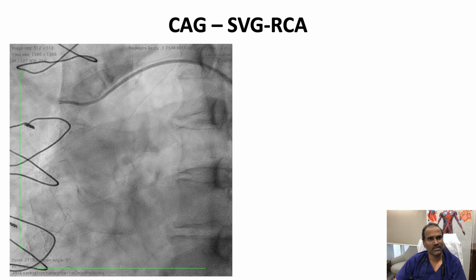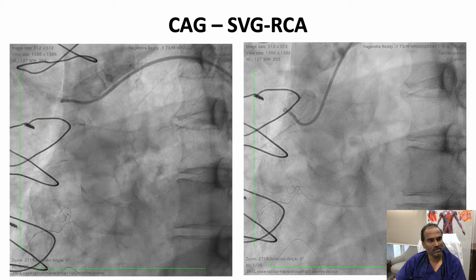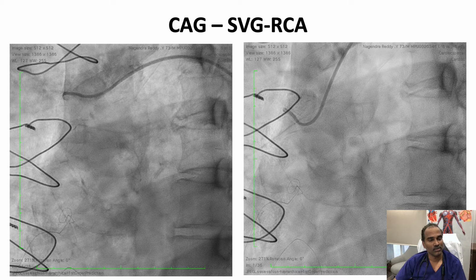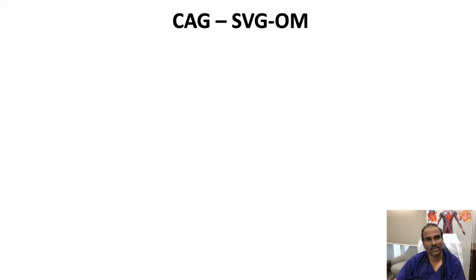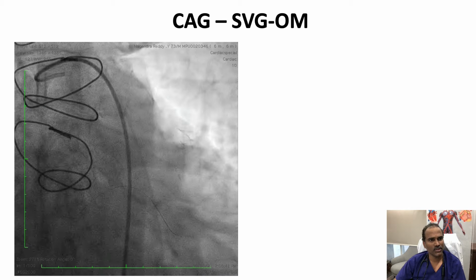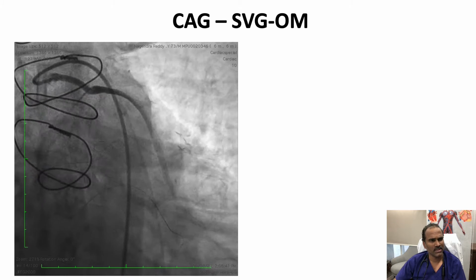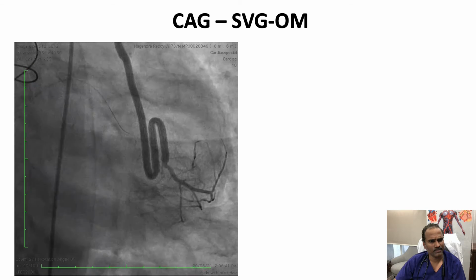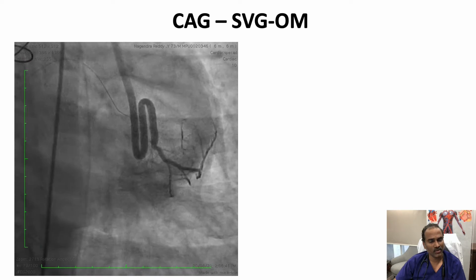SVG to RCA showed complete occlusion with only a stump visible here, and SVG to OM. So we can see here it's patent and filling OM1.